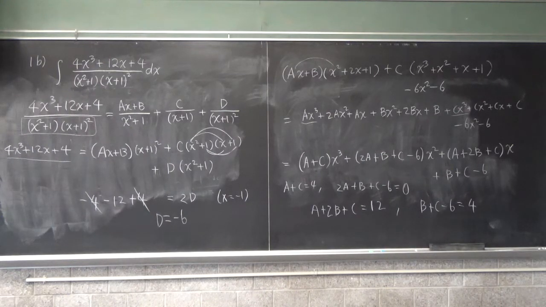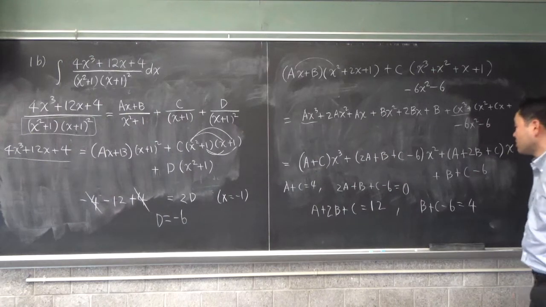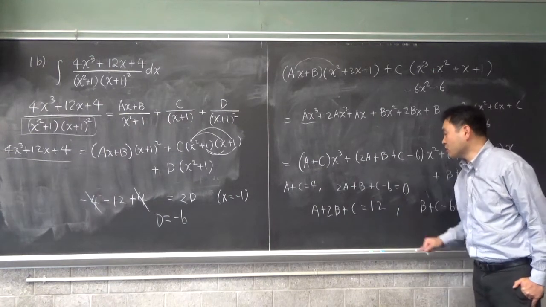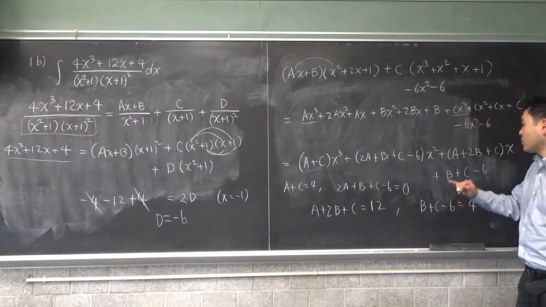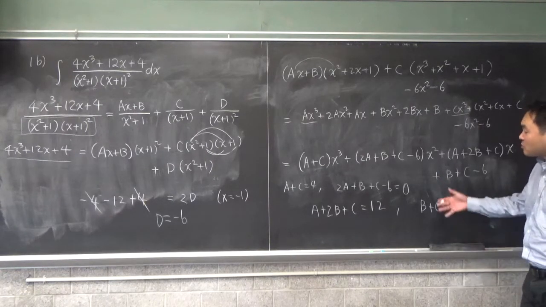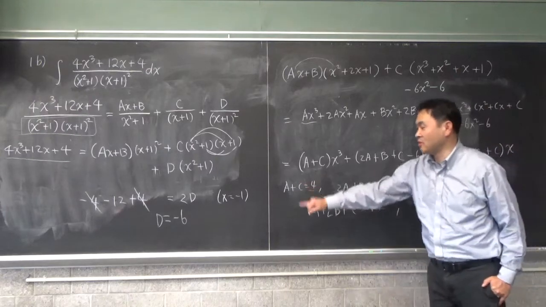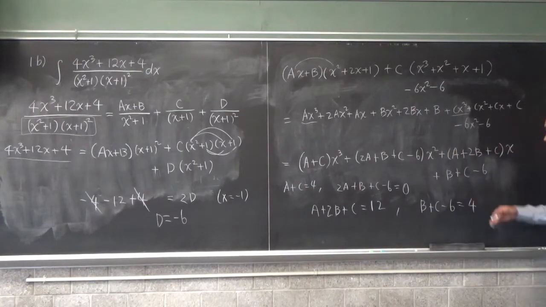And among these, you really don't have to use all 4, because you only have 3 unknowns and you have 4 equations. That's because we already found d. So it's partially solved. And you know what? We know that b plus c must be 10, right?